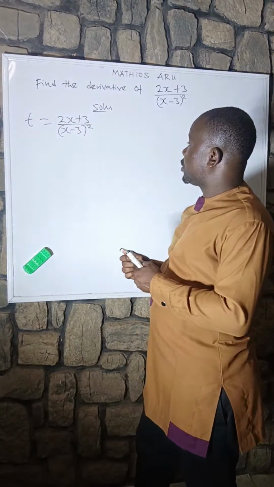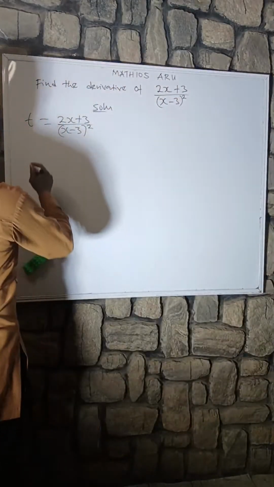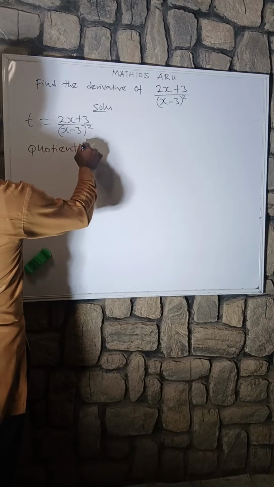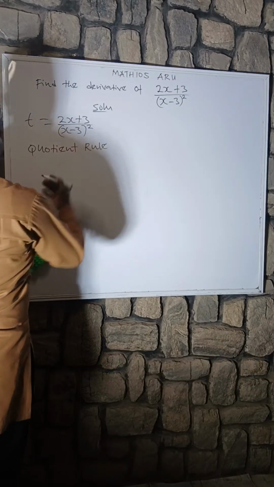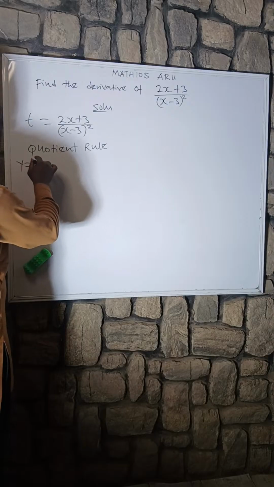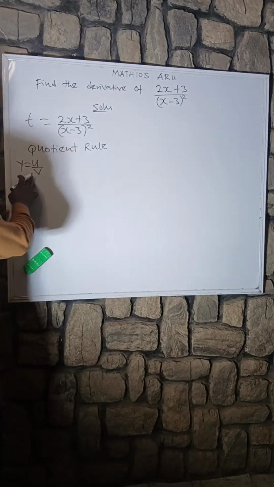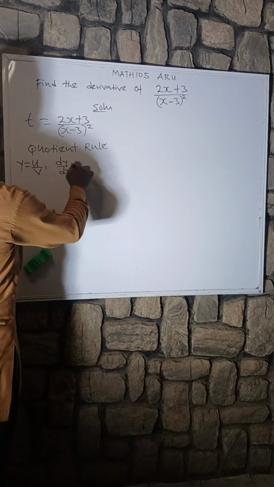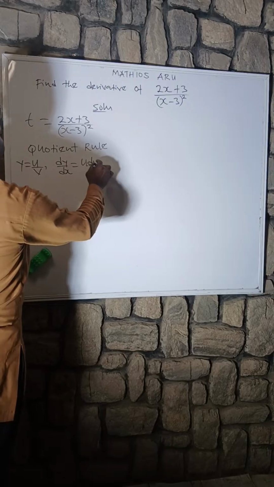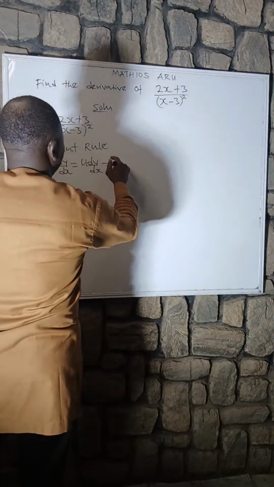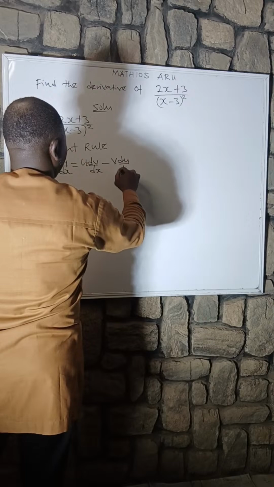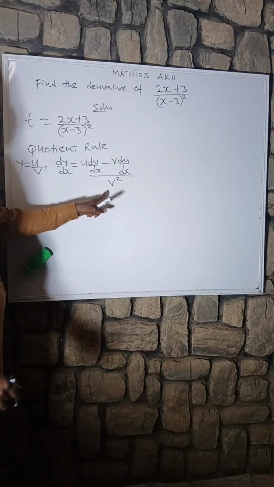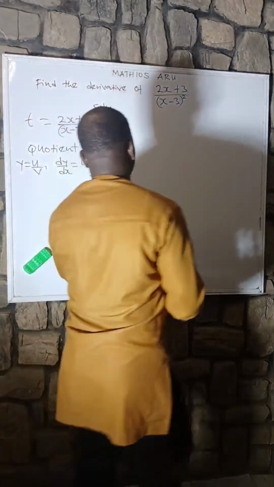You have to use what is called the quotient rule, true or false. The quotient rule is of this form: y equals u over v, then dy all over dx is equal to u dv all over dx minus v du all over dx, all over v squared. True or false? You agree with me, right?